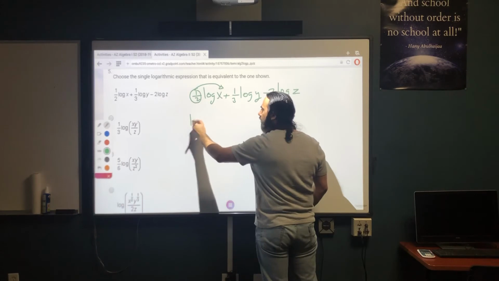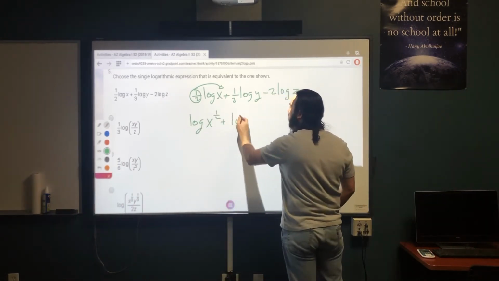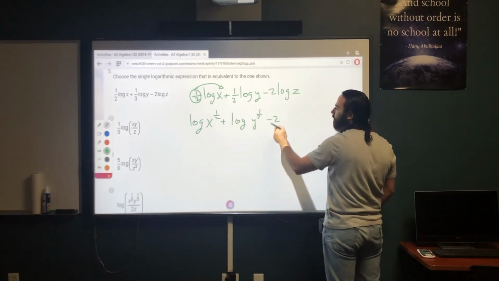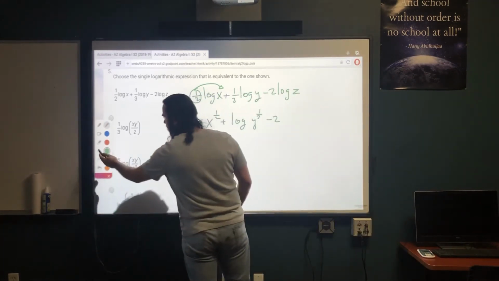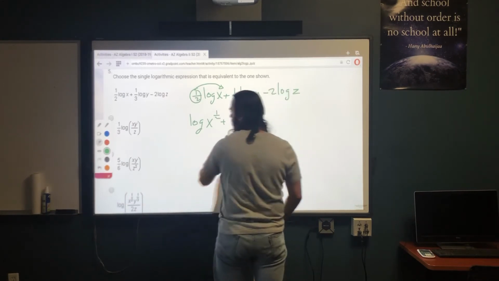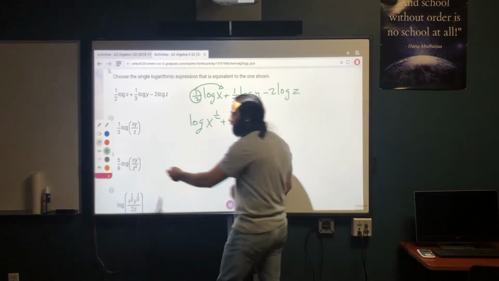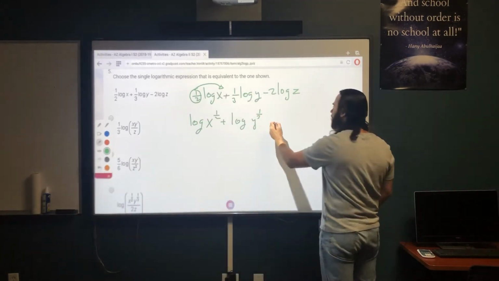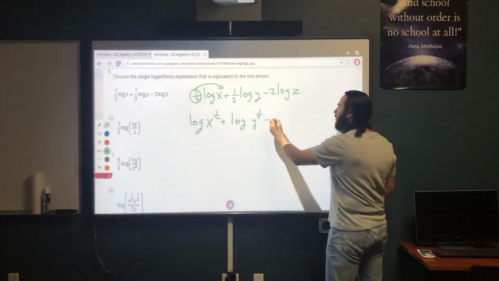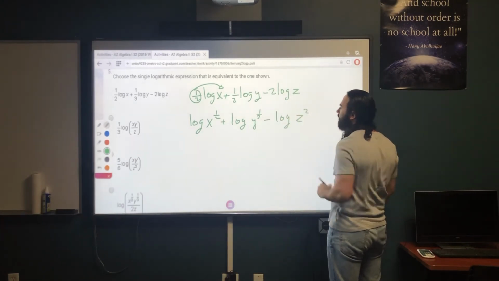So it's going to be log x to the power of 1/2 plus log y to the power of 1/3 minus log z to the power of 2.